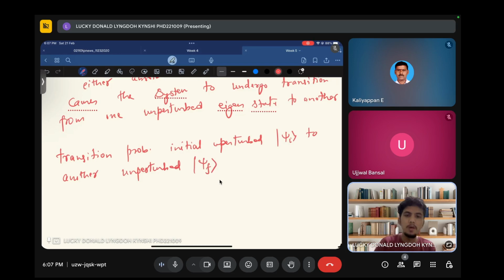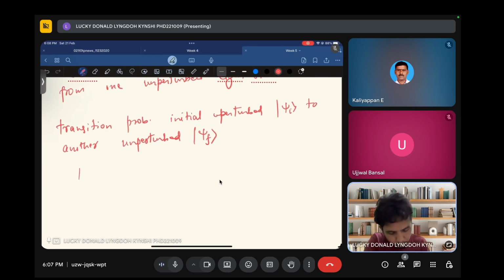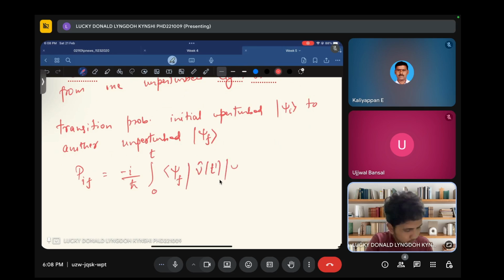That means the system undergoes a transition from the initial state psi_i to another state psi_f because of your potential V(t). The probability from the initial state to the final state is P_if = |(-i/ħ) ∫ from 0 to t ⟨ψ_f|V(t')|ψ_i⟩ e^(iω_fi t') dt'|².